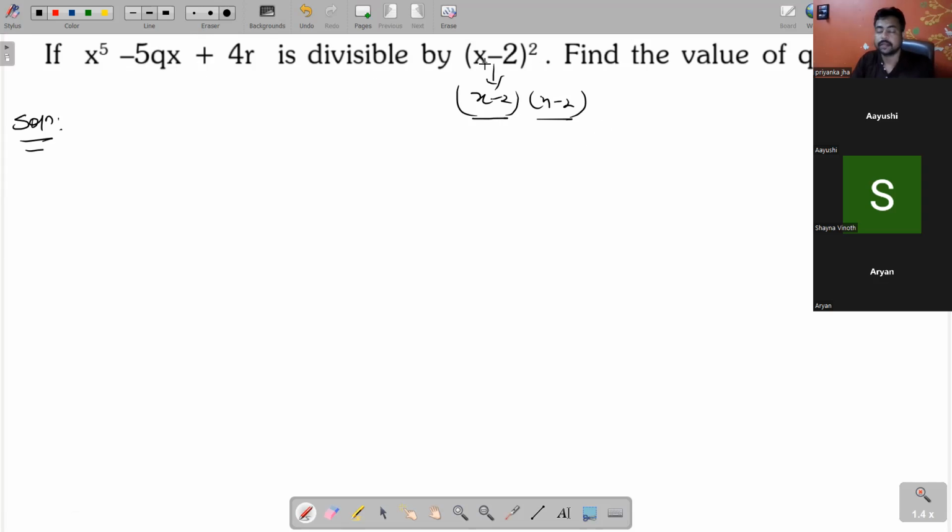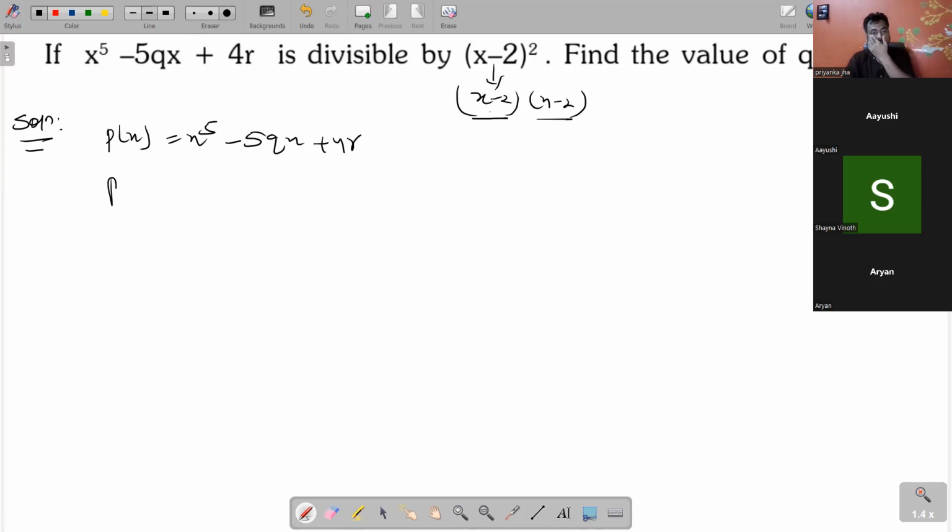Now suppose this is your polynomial, x to the 5 minus 5qx plus 4r, which must have x minus 2 twice so that it will be divisible.